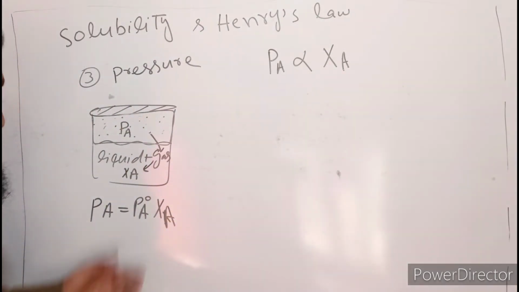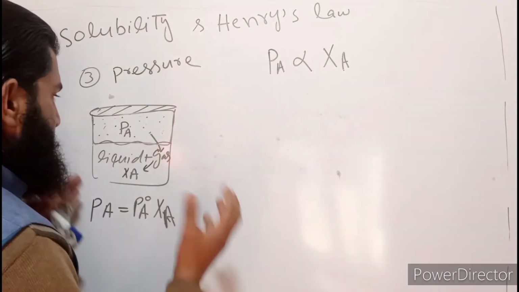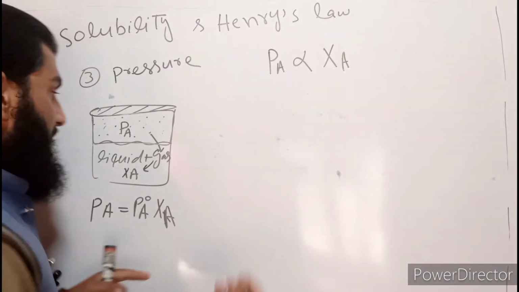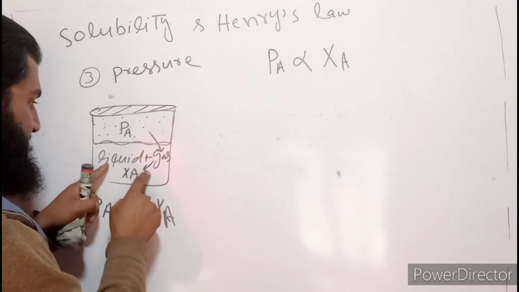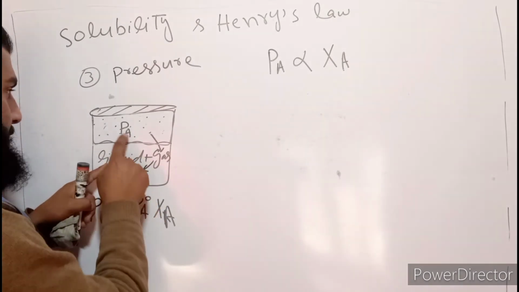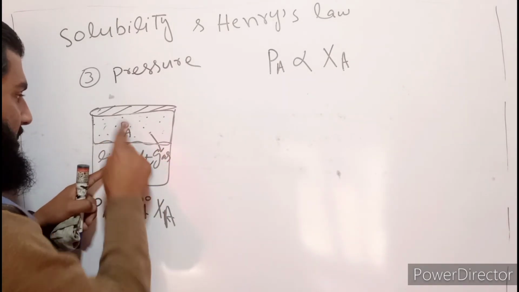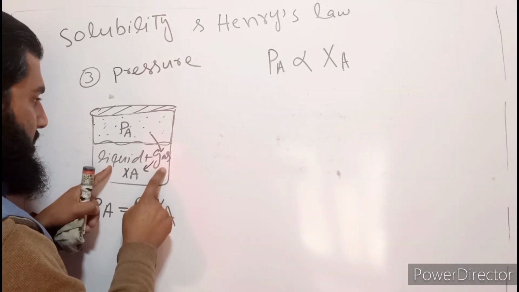Clear? So it means that if this is a solution in which we have dissolved a volatile substance, or a gas, then above the liquid there will be particles of this gas which we have dissolved. Clear?